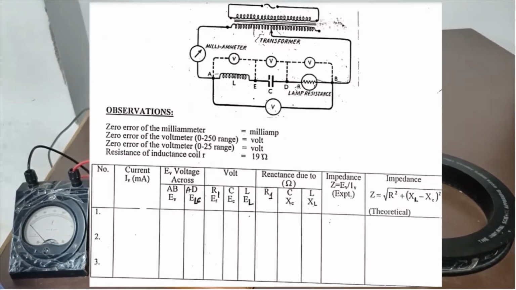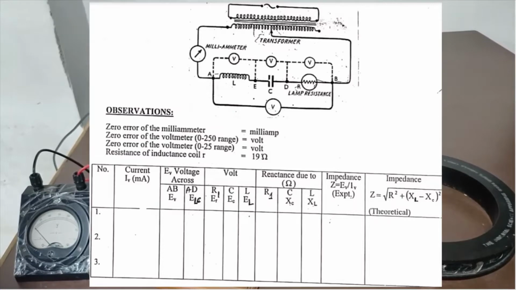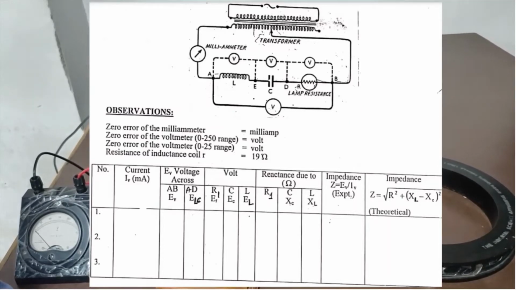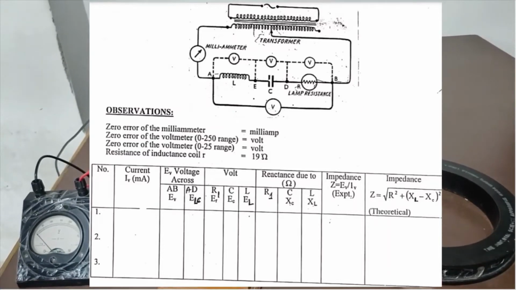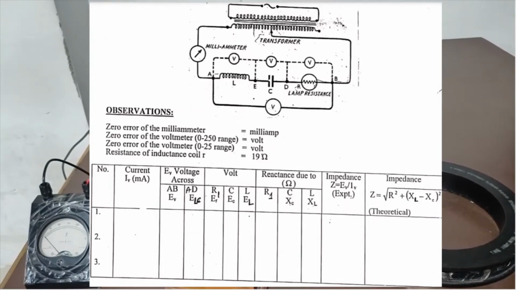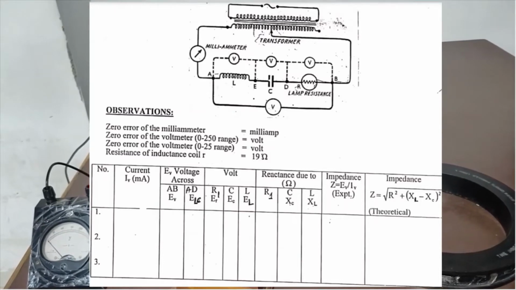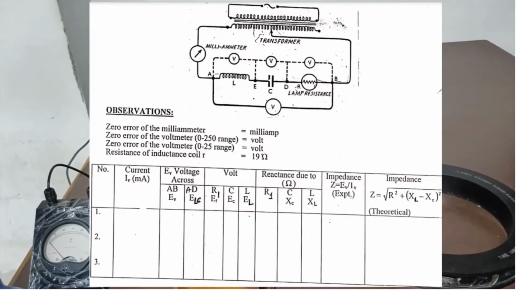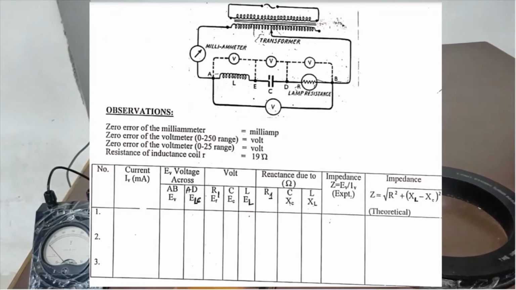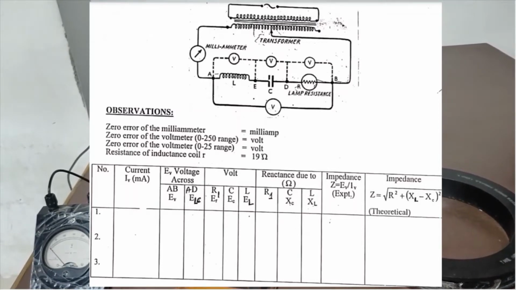As you can see from the circuit diagram, AB is the point where one end of the voltmeter is connected to the inductor and other end is connected to the resistor, and then across point AB, that is ELC. Now again from the circuit diagram you can see AD point shows that one end of the voltmeter is connected to the inductor and other end to the capacitor.